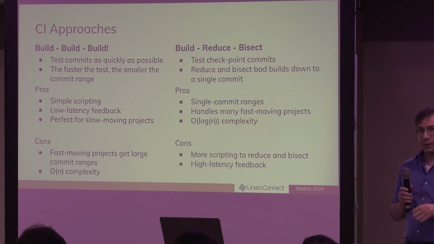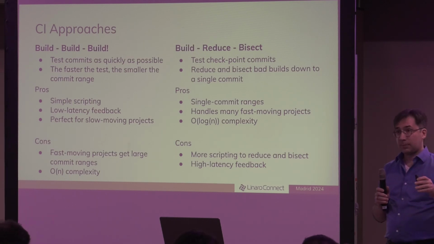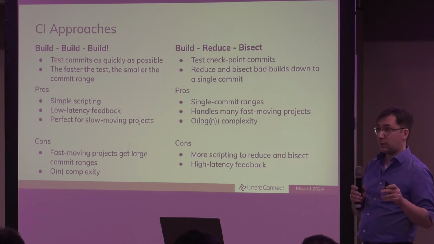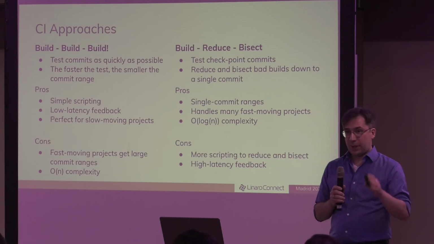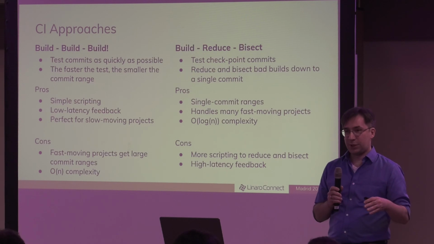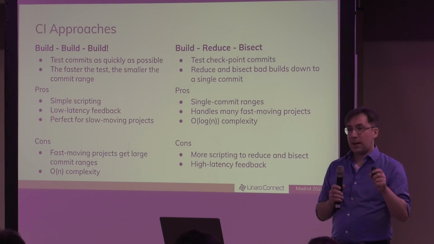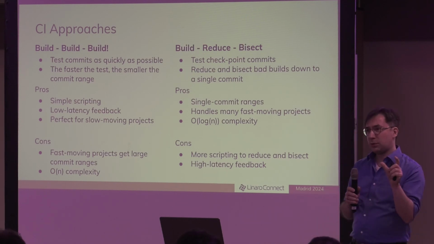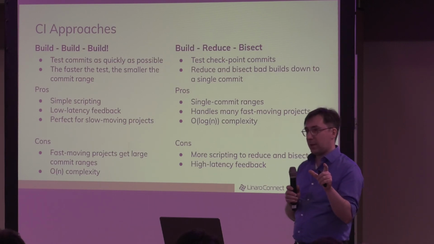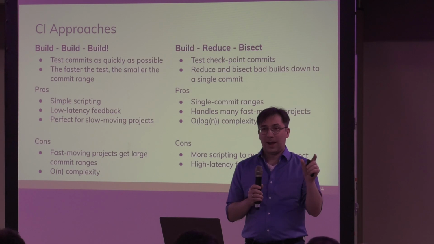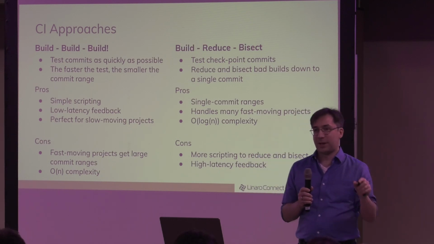An example of the first approach is an LLVM build bot, and many CIs that you get on platforms like GitHub or GitLab. You try to build your project as quickly as you have machine power and test it, and your goal is to reduce the commit range that every single build is covering, ideally to get to single commit ranges.